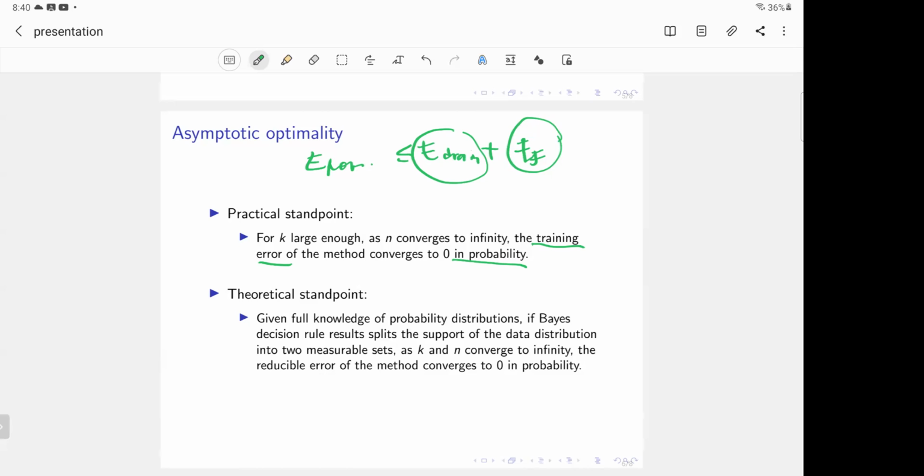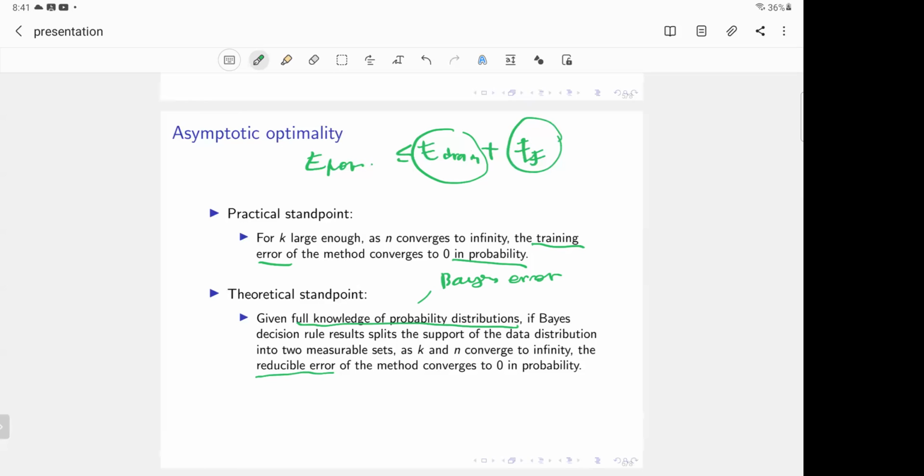Afterwards, we consider theoretical standpoint when we assume that we have full knowledge of probability distributions. In this case, it's possible to consider bias error, which is the smallest population error any algorithm can achieve. And we can also consider reducible error, which is an additional error to bias error for an algorithm you would like to estimate.